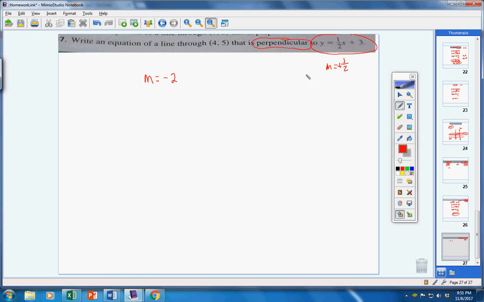Thus, their slopes have to be opposite reciprocals. Okay? So, here's the slope of the line I'm looking for. Here's the ordered pair. So I'm ready for this formula here.